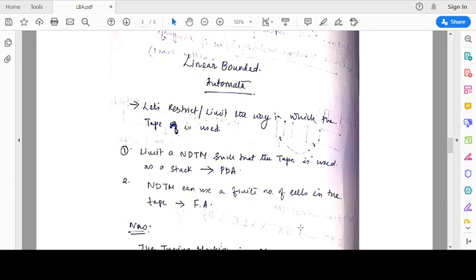So we are limiting the number of cells. We are having a particular memory for the tape, and then we can say that the non-deterministic Turing machine will function as a finite automata. Why? Again, try to understand, we are specifically taking a finite number of cells, a finite number of storage, which is countable. Therefore, this NDTM, or non-deterministic Turing machine, will function as a finite automata.